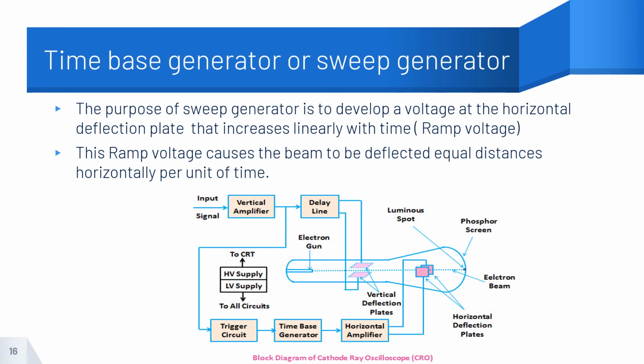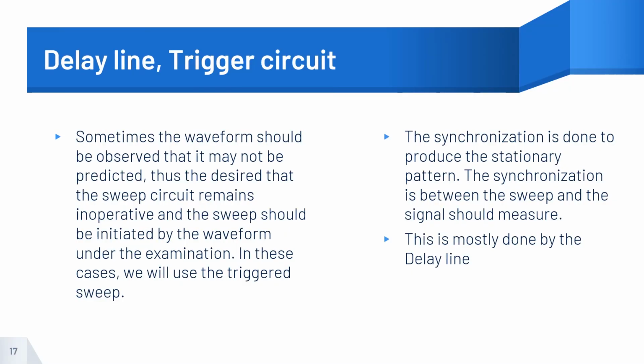The remaining pending circuits are the trigger circuit and delay line. The function of these two circuits. Trigger circuit. Sometimes the waveform to be observed may not be predicted. Thus, they decide that the sweep circuit remains inoperative and the sweep should be initiated by the waveform under examination.